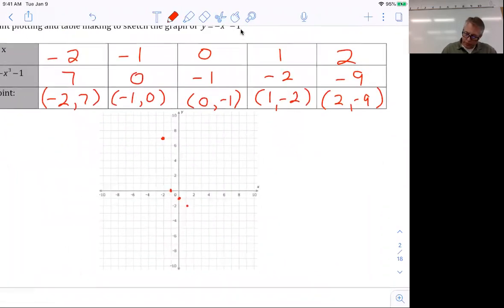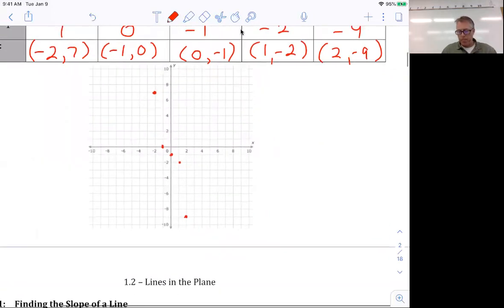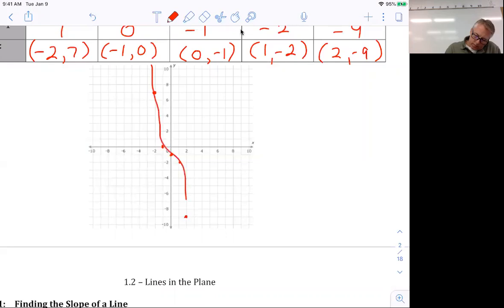And 1, negative 2. And 2, negative 9. So that might look weird, but the more we get used to these, you'll realize that those cubic functions have this basic shape to them.